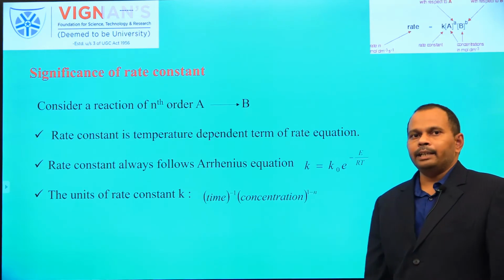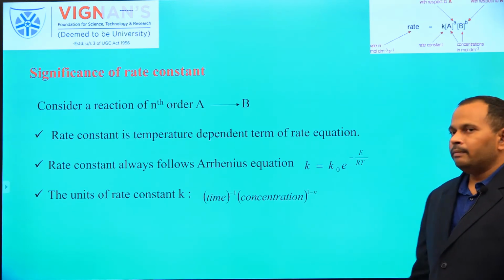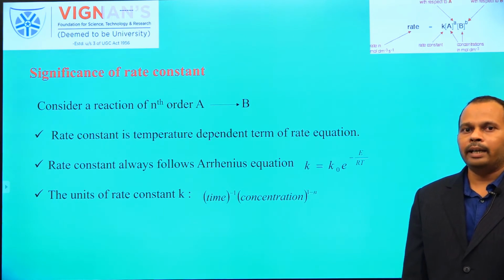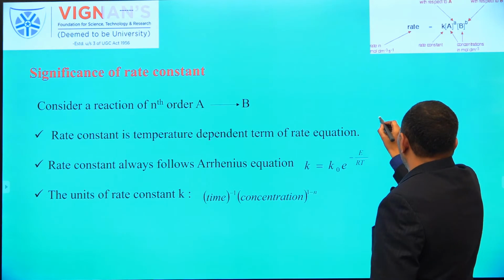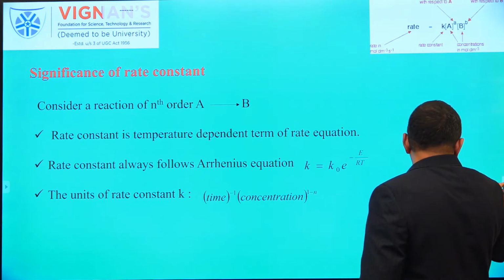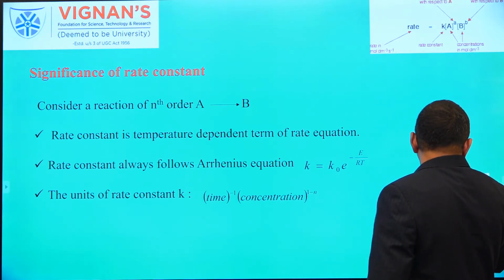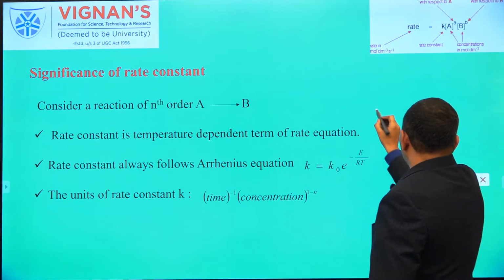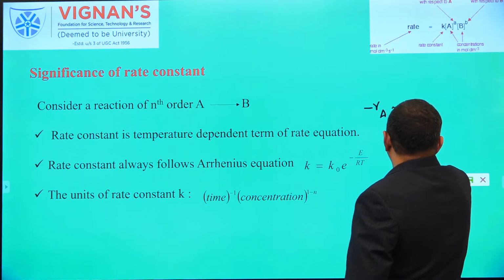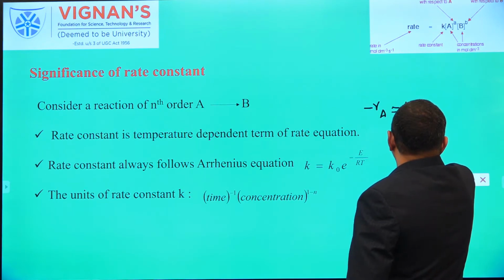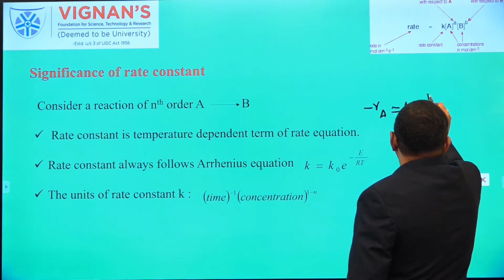Last one, the units of the rate constant are time inverse and concentration to the power of minus n. So, for an nth order reaction you can write minus RA is equal to K into Ca to the power of n.